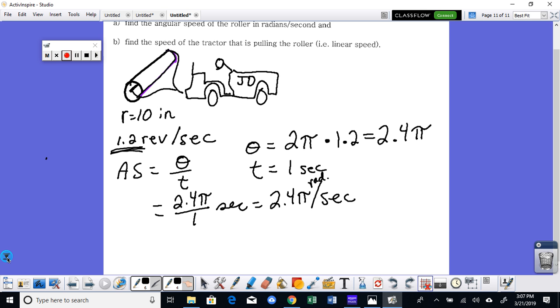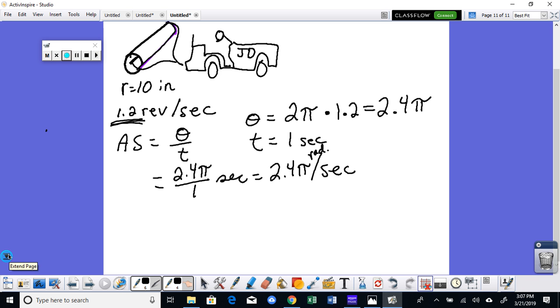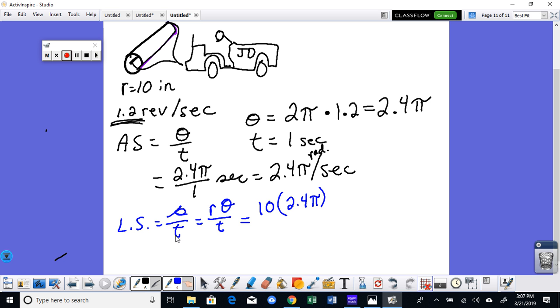Now we need to do linear speed. Linear speed is arc length divided by time, which equals radius times theta in radians divided by time, which equals my radius is 10 times theta, which is 2.4 pi, all divided by 1 second.